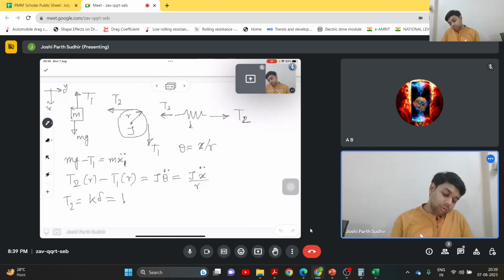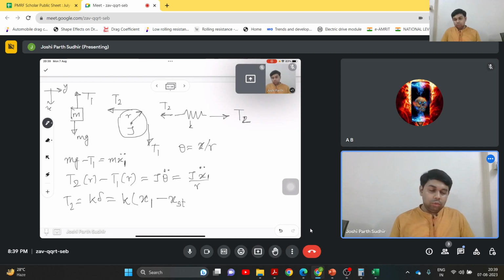It will be k into, let us say the position of the mass is given by x1, so it will be basically x1 minus x static, which is basically the displacement from the equilibrium position.